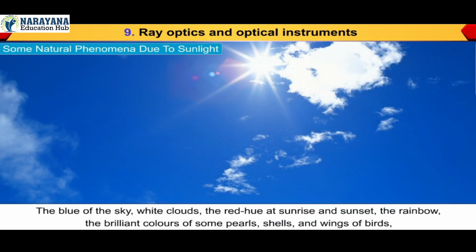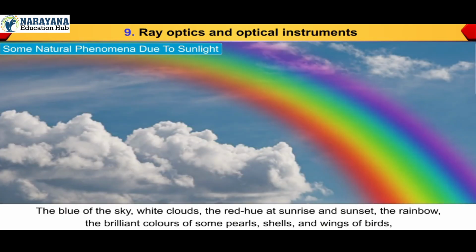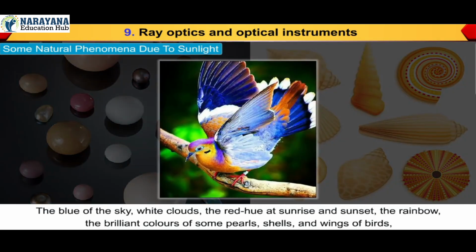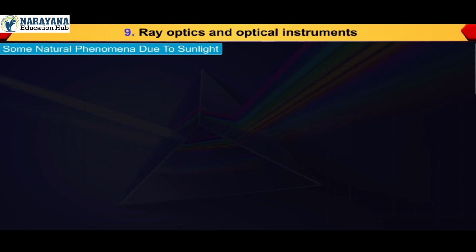The blue of the sky, white clouds, the red hue at sunrise and sunset, the rainbow, the brilliant colors of some pearls, shells, and wings of birds are just a few of the natural wonders we are used to. We describe some of them here from the point of view of physics.